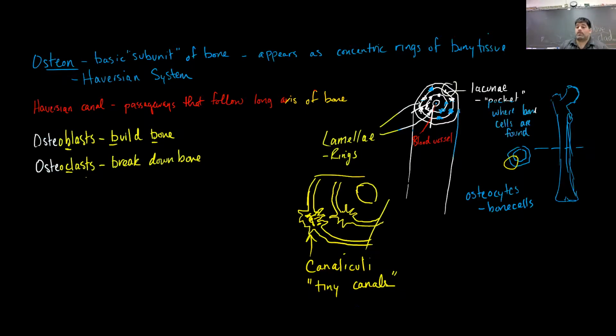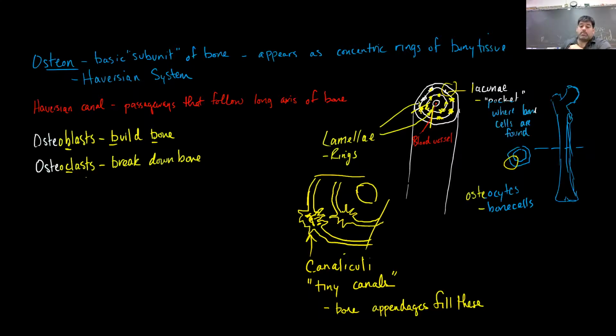And the tiny canals are places where the appendages of bone cells are going to spread out into them. These are essentially little branches off the main pocket of the lacuna that the bone cell has appendages reach out into. So yeah, pretty wild stuff.